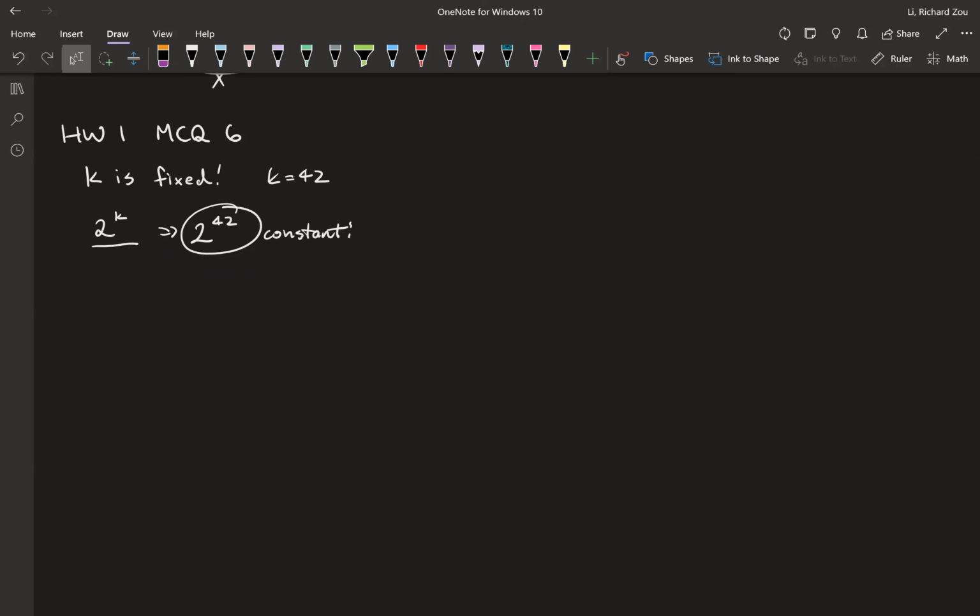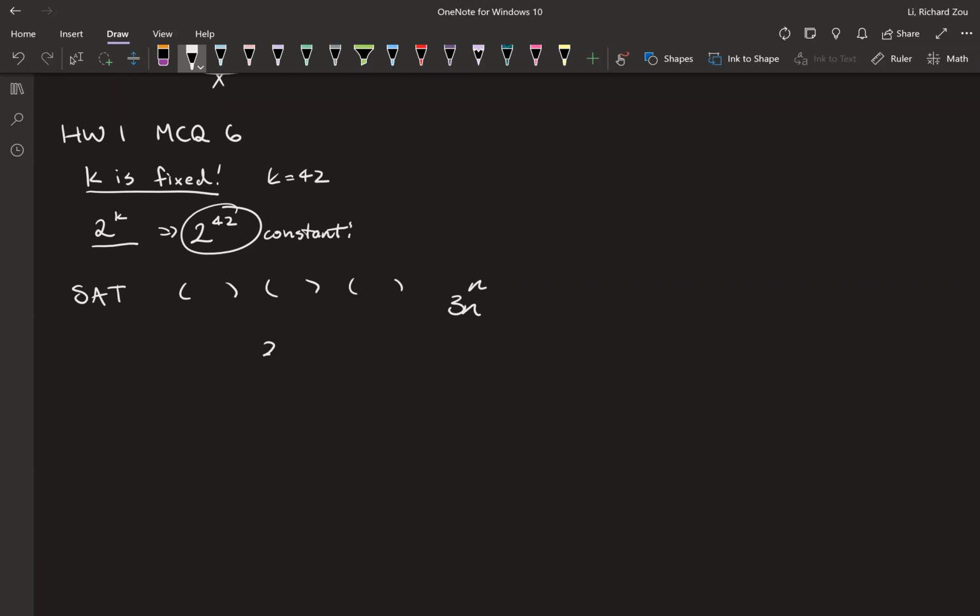This might seem a little confusing, but again, the important part is k is fixed. The reason that general satisfiability does not have a polynomial time solution is because we don't know what the value of k is. We're just given a bunch of clauses. It can be any number of clauses. And if we have n clauses, then we can have up to 3n Boolean variables.